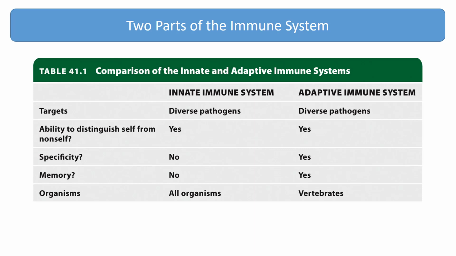Adaptive or acquired immunity is found only in vertebrates and is specific to a given pathogen. This form of immunity remembers past infections. Subsequent encounters with the same pathogen generate a stronger response from the host. In other words, the immune system adapts over time, and immunity is acquired after an initial exposure.